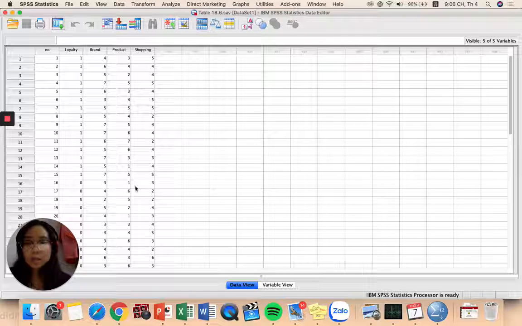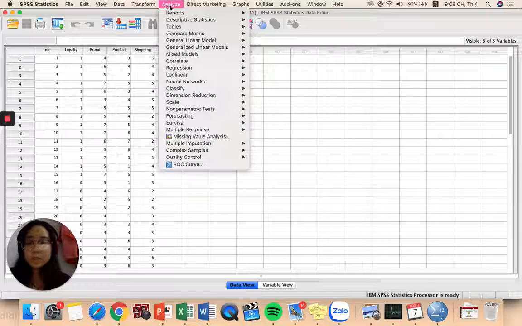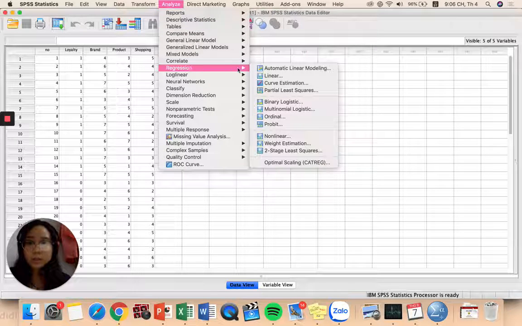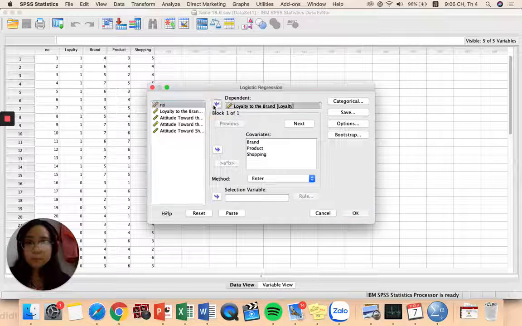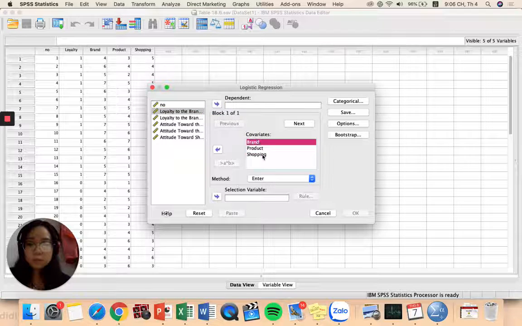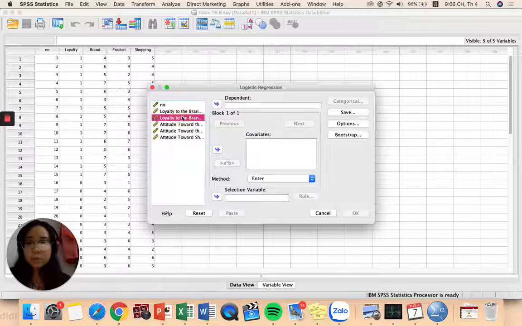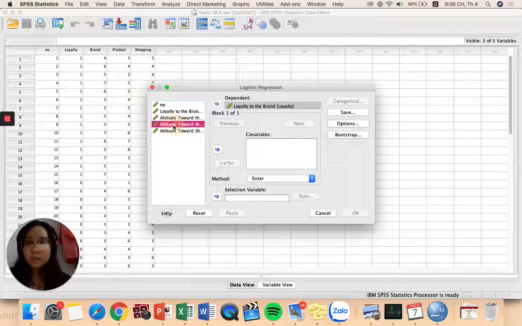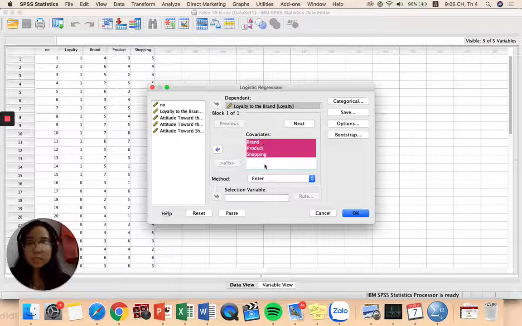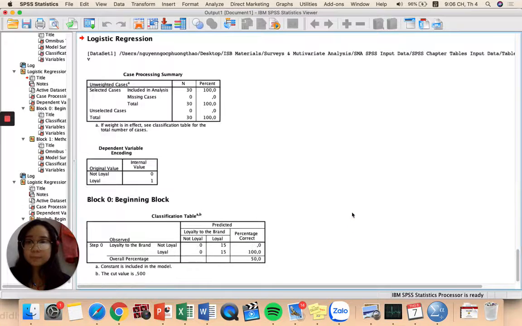So now I will show you how to analyze this data. We click Analyze, Regression, Binary Logistic. First, we put the loyalty to the brand into the dependent box, and the 3 attitudes into the covariate box, and we click OK.